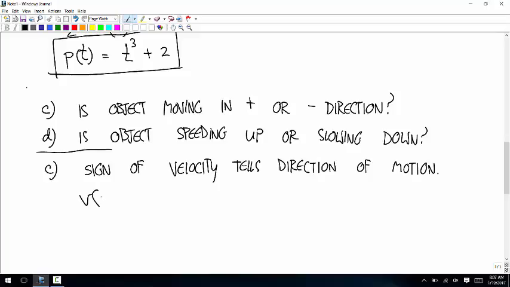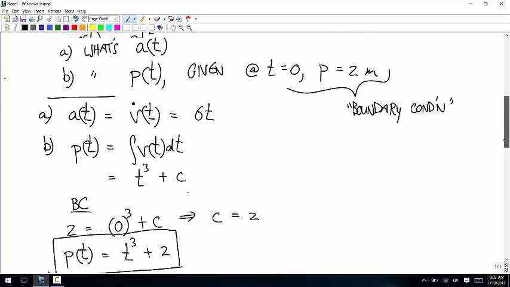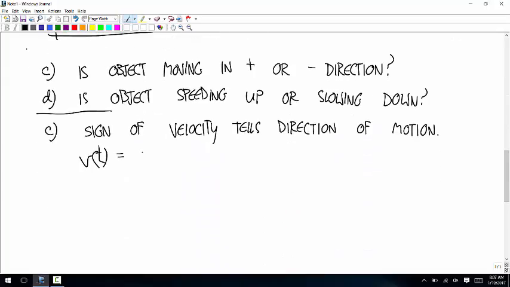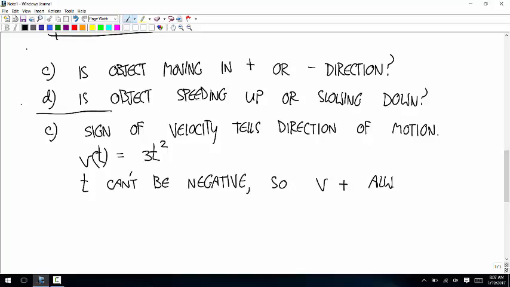Velocity function was equal to 3t squared. Time can't be negative. V is always positive. So it's moving in the positive direction.